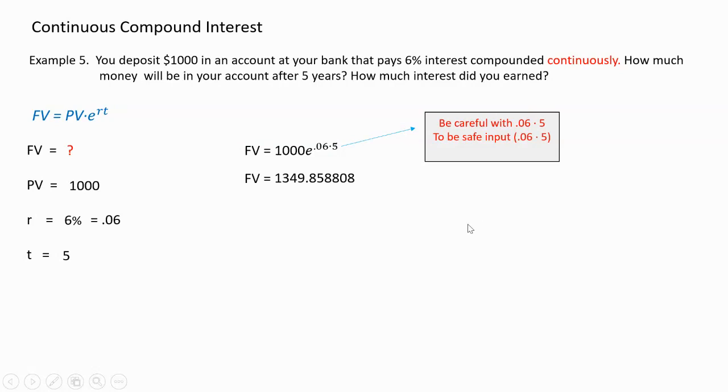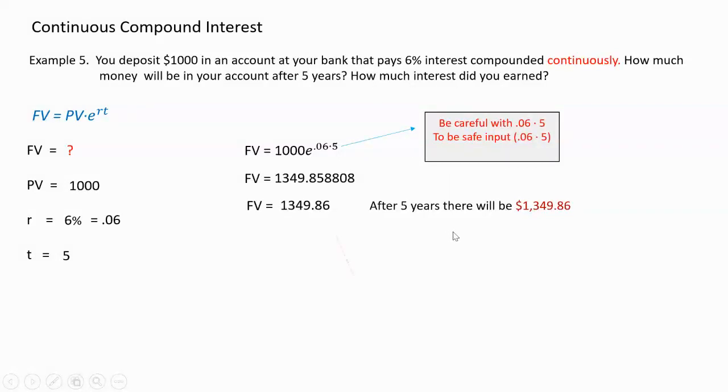So this is your answer, 1,349 and 0.858808, which rounds to $1,349.86. I believe this is a little bit more than the one that was compounded quarterly. So after 5 years, there will be $1,349.86 in the account.